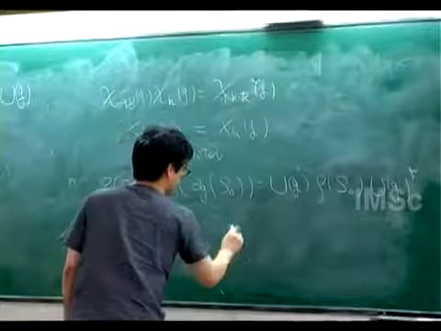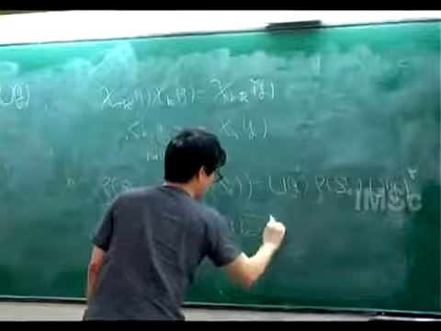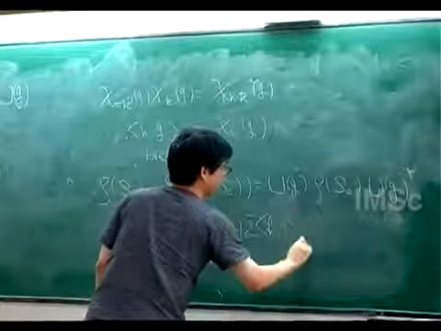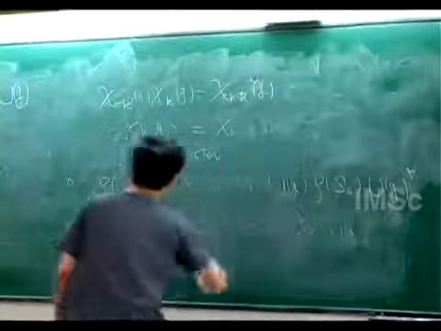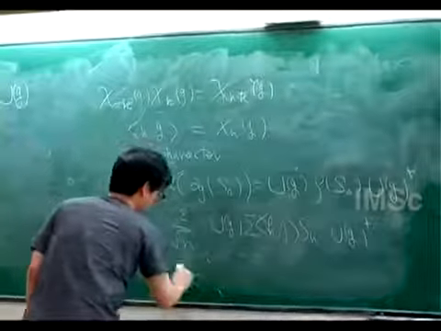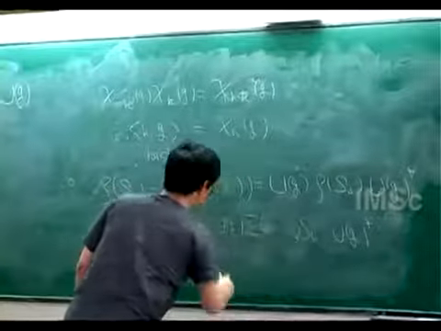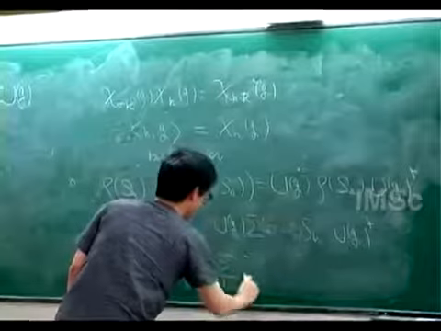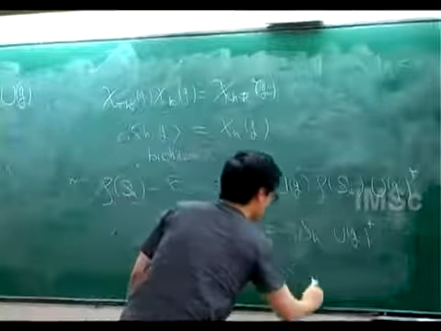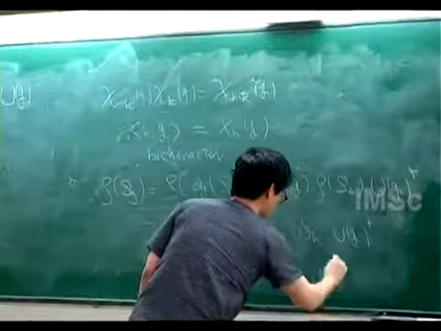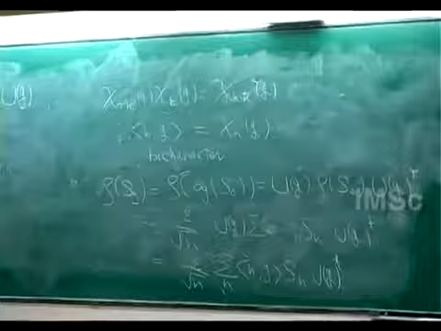Epsilon UZ, H G SH U star. So this is, no, sorry, here it's nothing. And we get this. So we have a very explicit formula for rho SG.